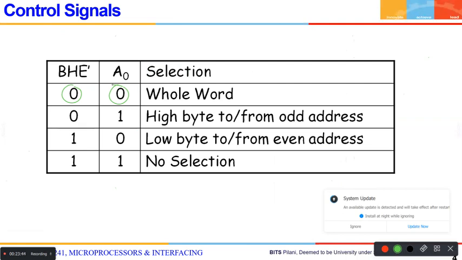Both are low, right? Both are active low. So when A0 is low and bus high enable is also low, definitely all 16-bit content will go. Have you understood now?